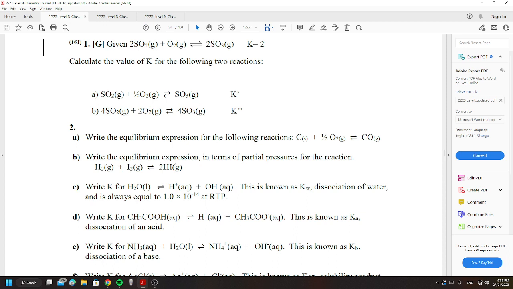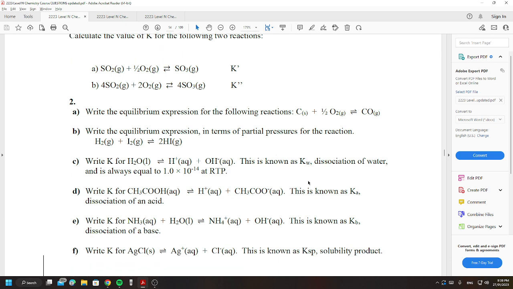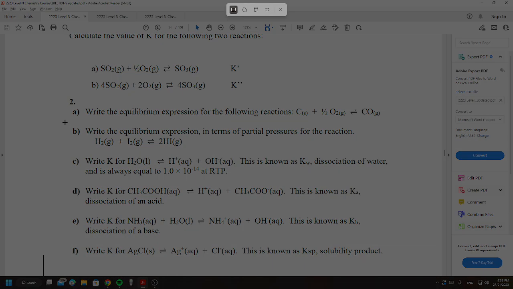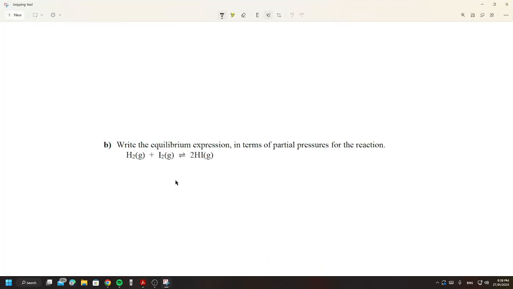Write down the equilibrium expression in terms of partial pressures. Here they're all gases, so we're going to consider all of these in the equilibrium expression.